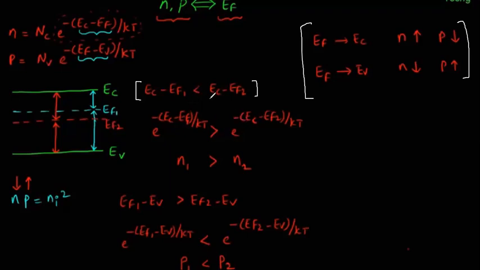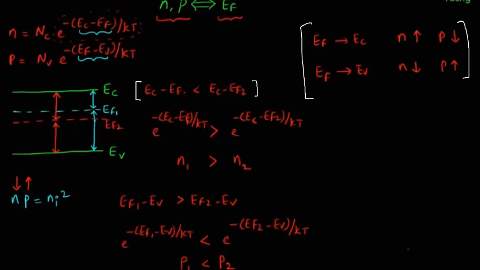So now we know that if we have two Fermi energy levels, EF1 and EF2, where this distance is certainly less than this distance, I can say that EC minus EF1, the difference between the conduction band and the Fermi level, is less than EC minus EF2.